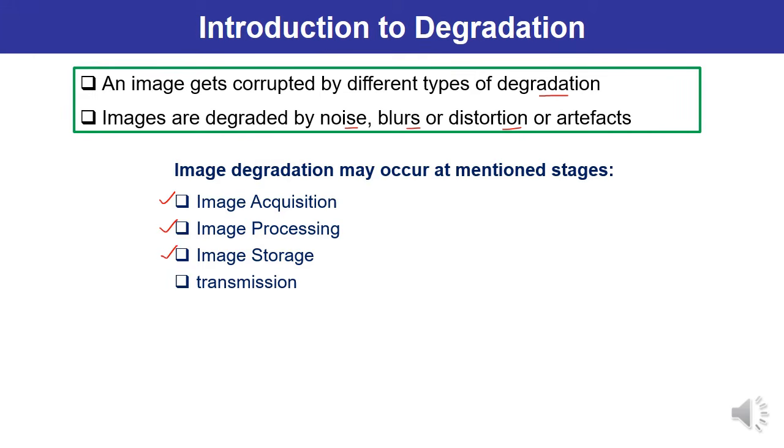Image storage means sometimes you need to store the image, and after a certain time you can access it from that storage and use it for your own purpose. Sometimes there is a requirement to compress the image, so image quality may get degraded there too. Similarly, during transmission, image quality may get degraded. These are the stages upon which image quality may depend.